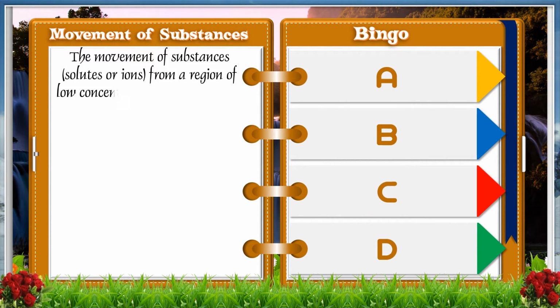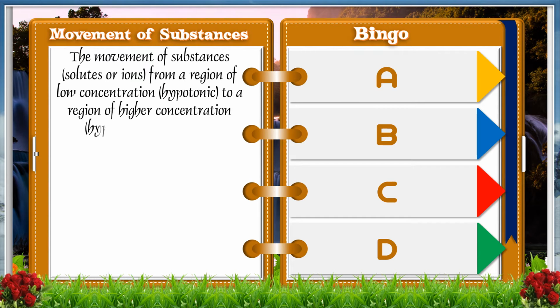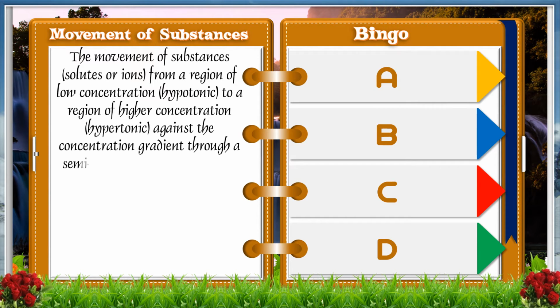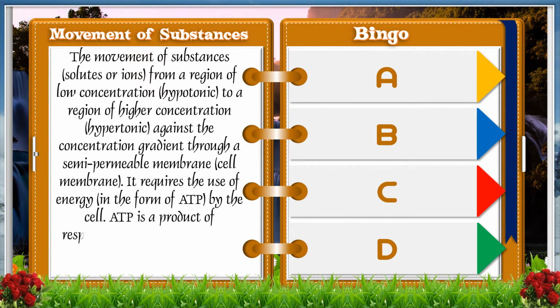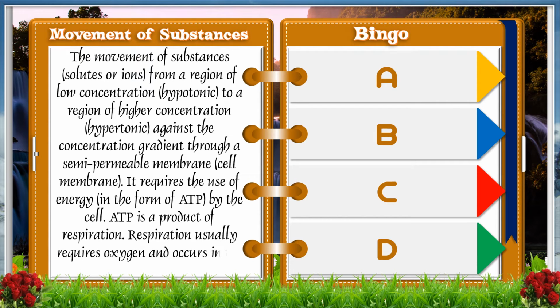The movement of substances, those are solutes and ions, from a region of low concentration, which is hypotonic, to a region of high concentration, which is hypertonic, against the concentration gradient through a semi-permeable membrane, that is a cell membrane. It requires the use of energy in the form of ATP by the cell. ATP is a product of respiration.